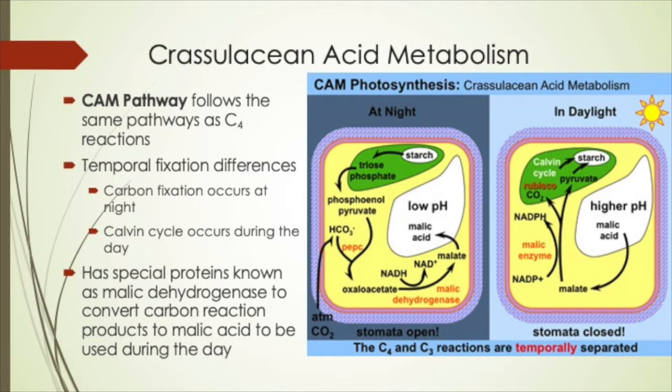And then we have other types of plants that kind of follow the same pathways as C4. So these are CAM plants. But these are temporal fixation. So in temporal, I mean carbon fixation occurs at night, and then the Calvin cycle occurs during the day. So these have, again, special proteins such as malic dehydrogenase to convert that malic acid back into CO2 in order for it to go through its Calvin cycle again.